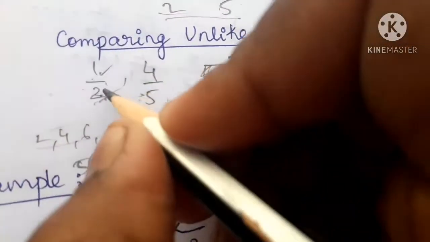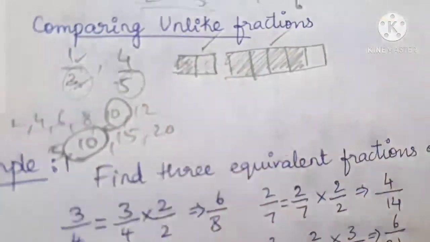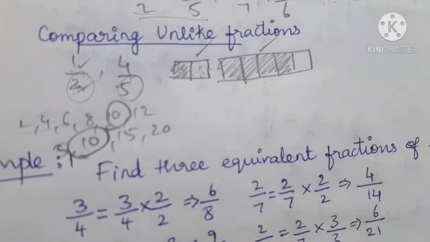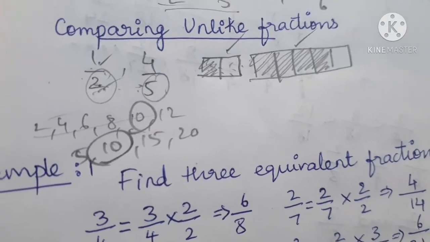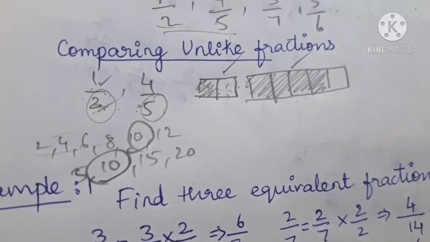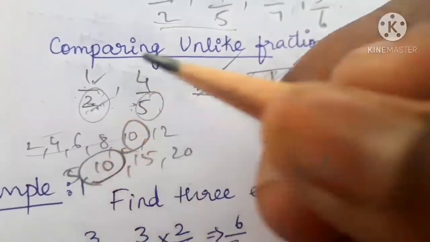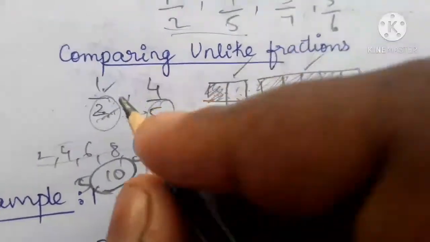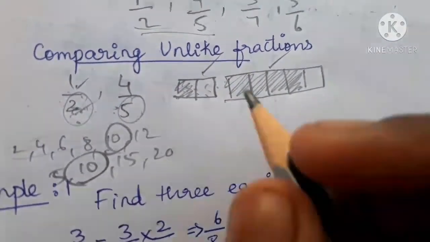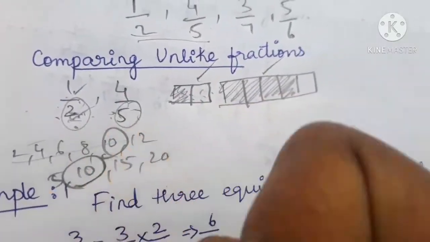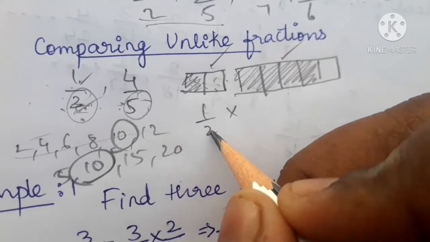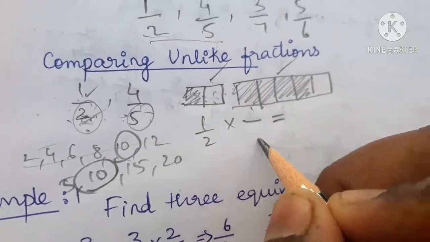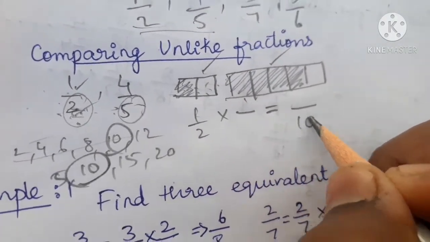So you should just convert these two denominators into 10. So how can you do that? I already told you we get an equivalent fraction by multiplying both the numerator and denominator by the same number. So if we do that, then we can convert into the LCM. These two fractions will be converted to the LCM, which is 1 by 2 into dash by dash equal to dash by 10.